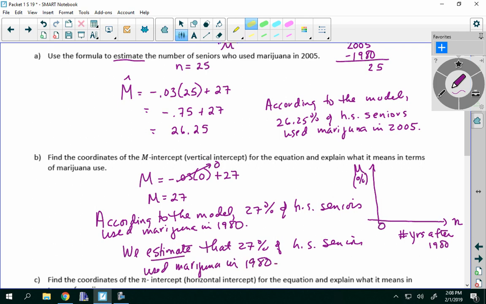Being very careful that you don't make a statement like 27% of high school seniors used marijuana in 1980, because we don't know the actual percentage. So you can either use this phrase according to the model, or state both of your values, your M value and your N value, with the word estimate. Both of those are acceptable.